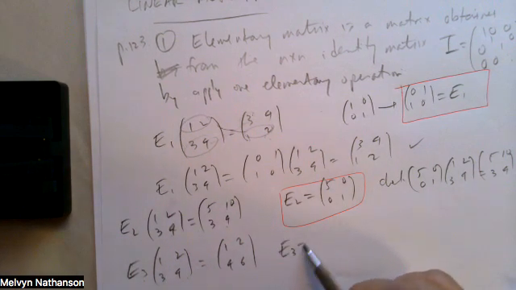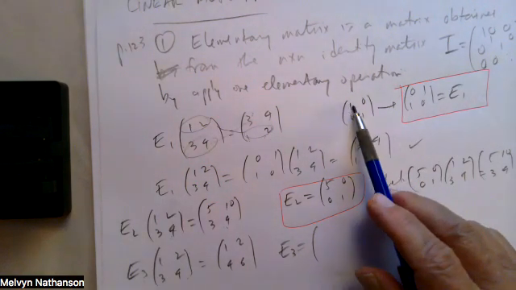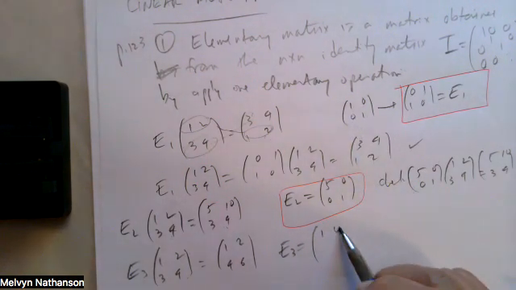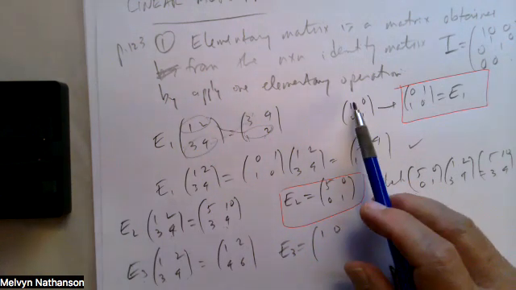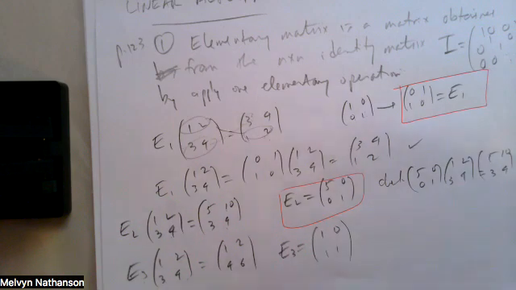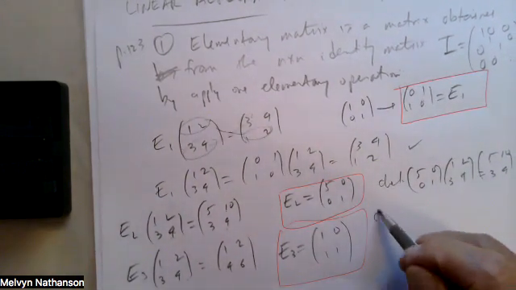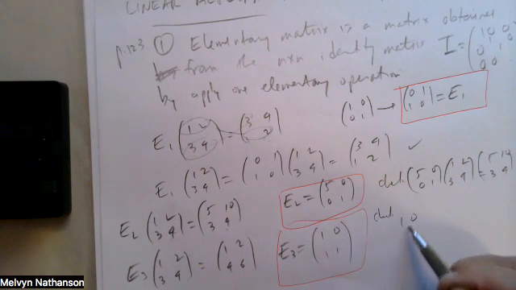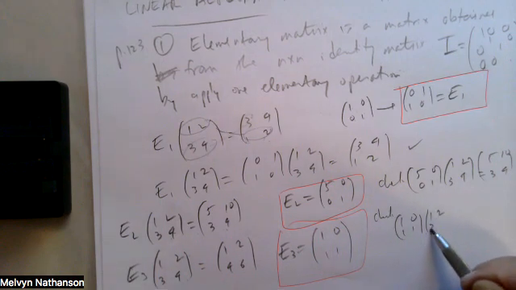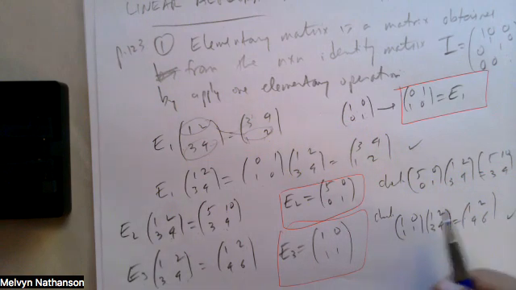So E3 is what happens when you take the identity matrix and add the first row to the second row. So the first row doesn't change, but when you add the first and second row, you get 1, 1. That's E3. And again, you want to check 1, 0, 1, 1 times 1, 2, 3, 4. If you do the multiplication, you get 1, 2, 4, 6. Works. So that checks.